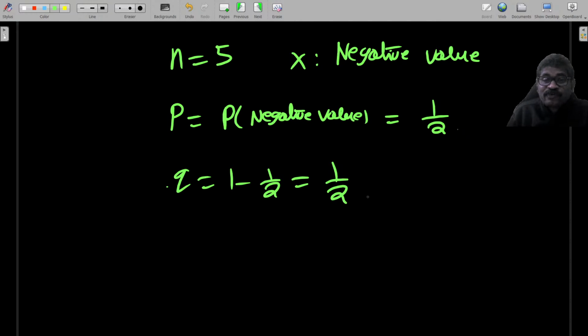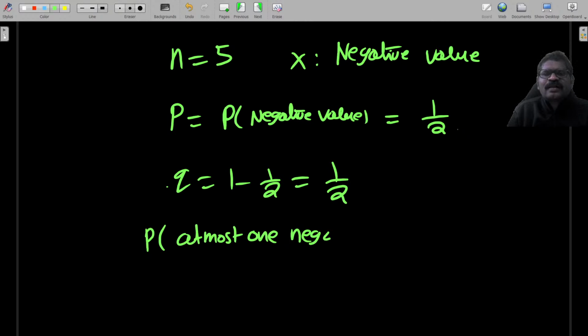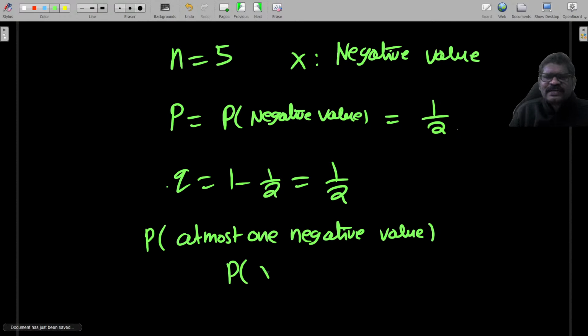Now, we have to find the probability of getting at most one negative value. At most one negative value means x less than or equal to 1.